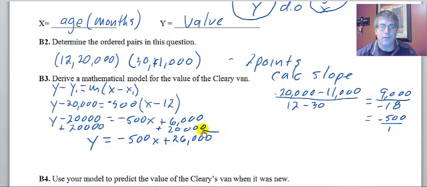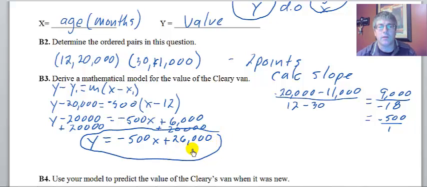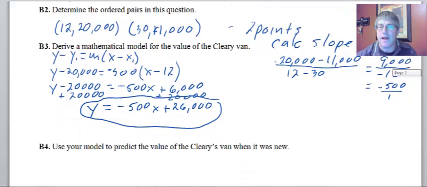So this is the value. If you're paying attention here, you'll see that for every month, the van drops in value by $500.